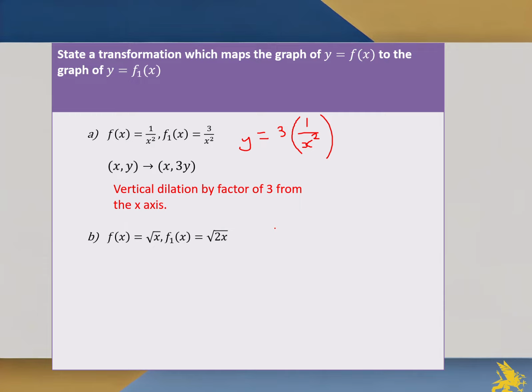our current x value. To get our current x value to be equal to our new x, what do we need to do to it? It means I just have to divide the x value by 2.